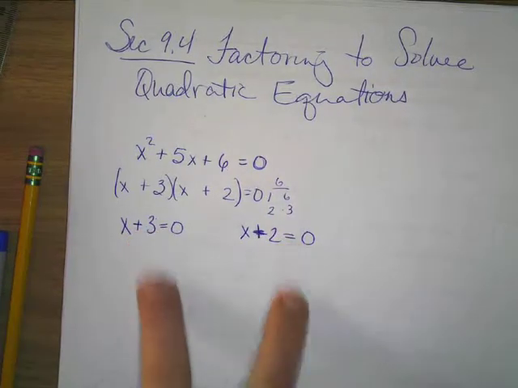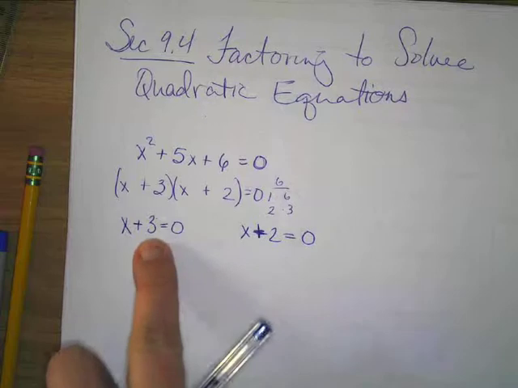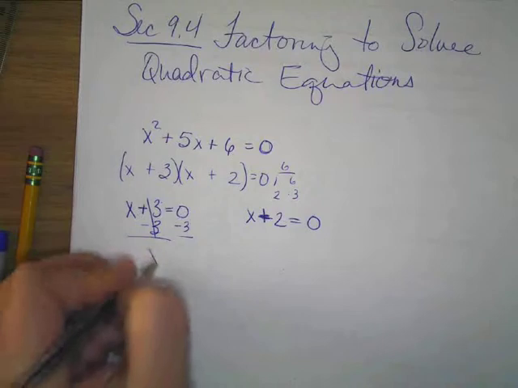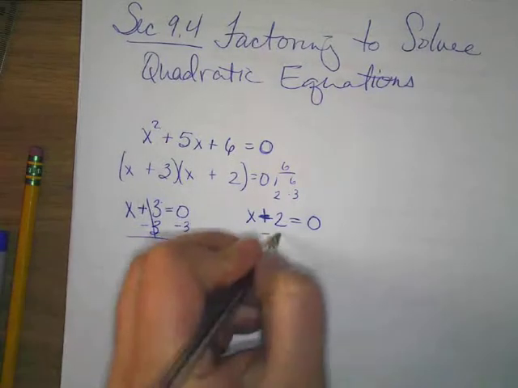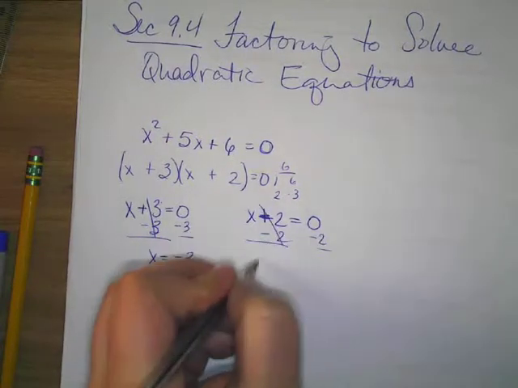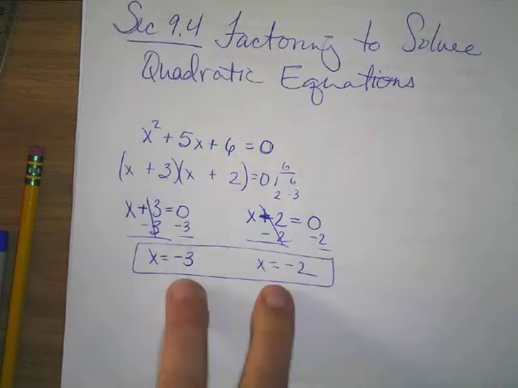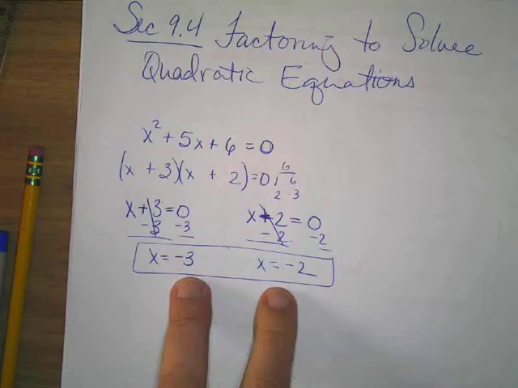So can we solve these separately? How would I solve this one for x? So x equals -3, and this one x equals -2. On the graph, this is where the function crosses the x-axis at those two points.